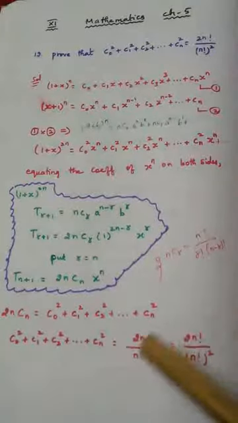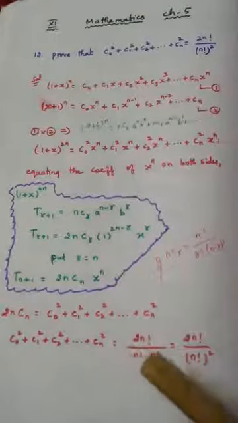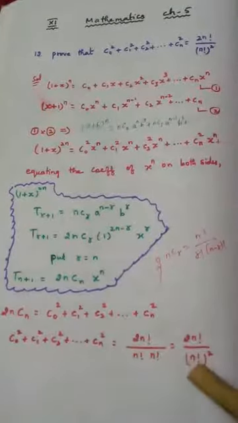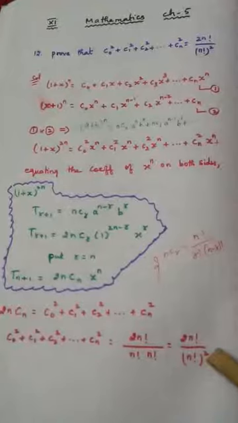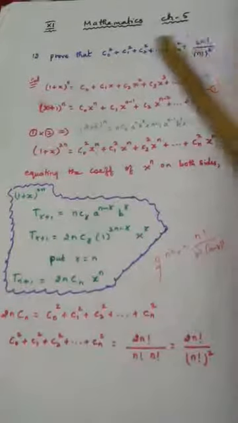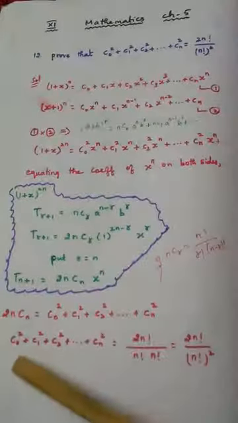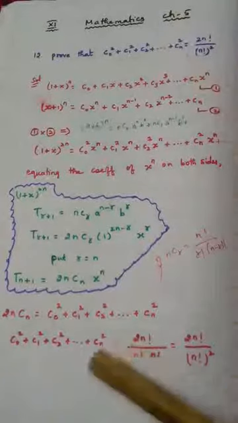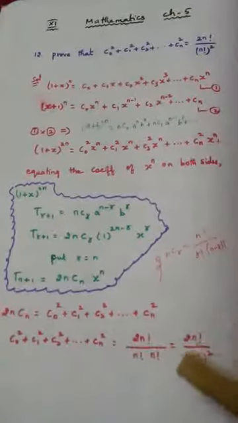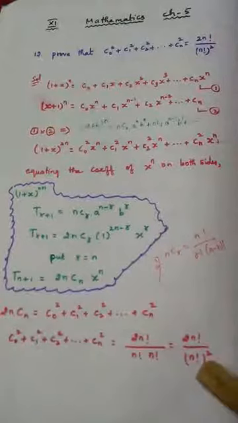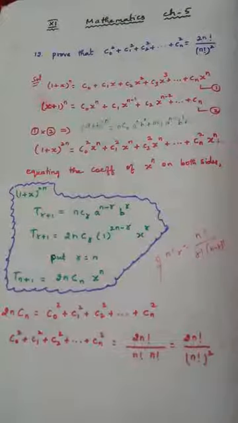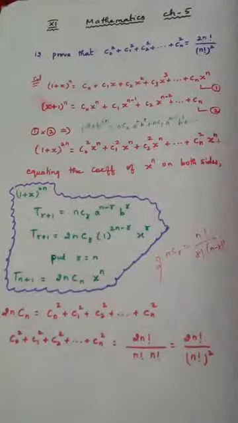So 2n factorial divided by n factorial into n factorial, meaning (n factorial) whole square. So that is the result that we wanted to prove. C0 square plus C1 square plus etc. Cn square is equal to 2n factorial by (n factorial) whole square. Hope you will understand. We will pass on to the next heading.